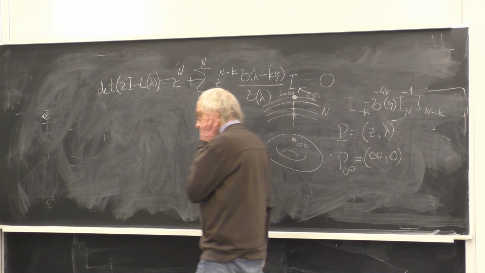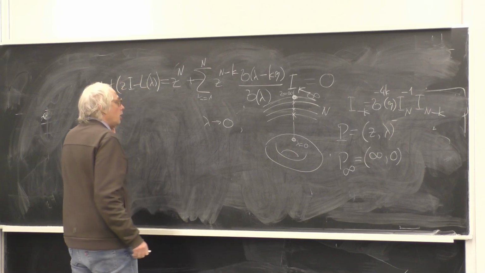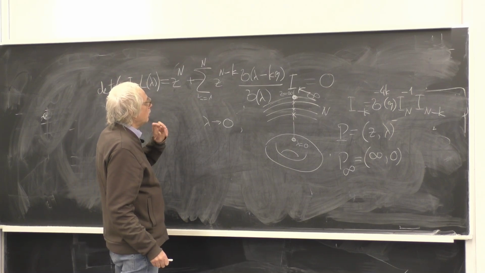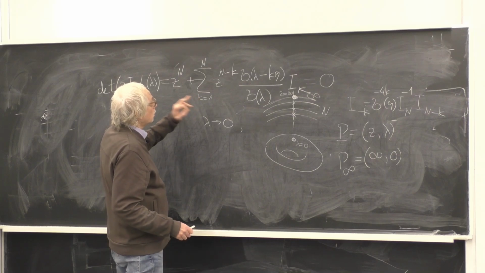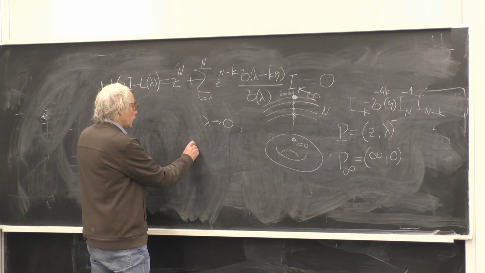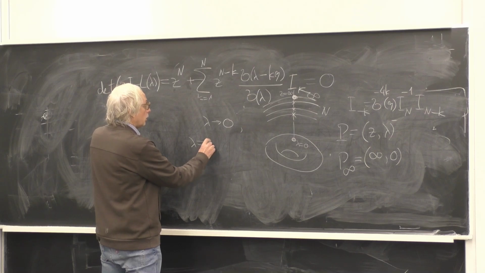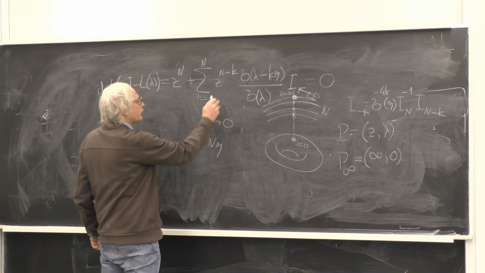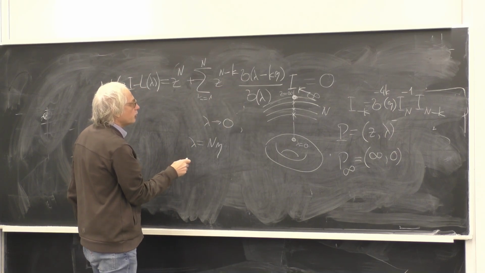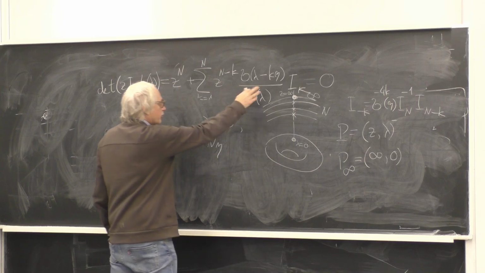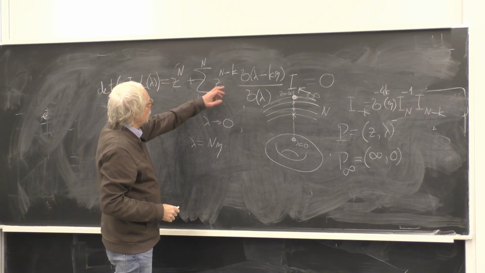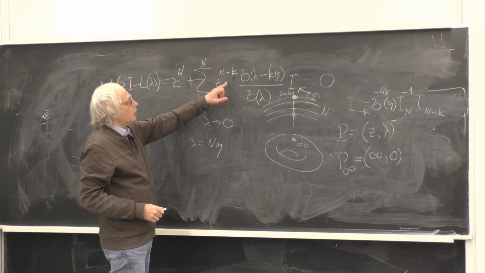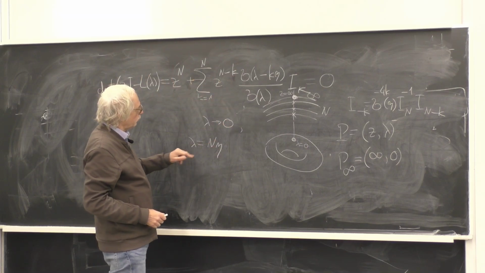There is another special point obtained when lambda equals n eta, the last term in this sum. You can see that in this case, this last term, when k equals n, vanishes at this point.